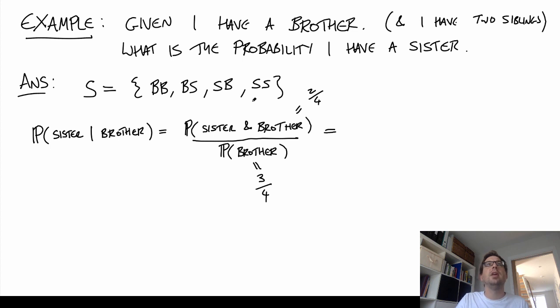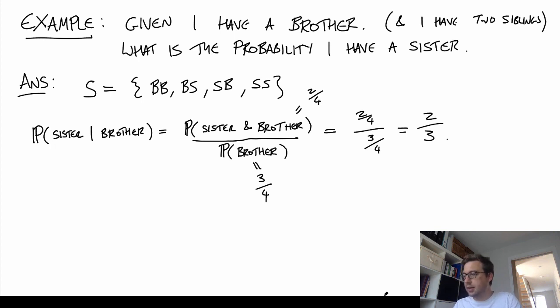So notice, by doing this conditioning, I'm essentially eliminating the outcome where sister-sister can occur, and then looking at the proportion of those which have a sister and a brother associated. So we get an answer of 2 quarters divided by 3 quarters, which is equal to 2/3.